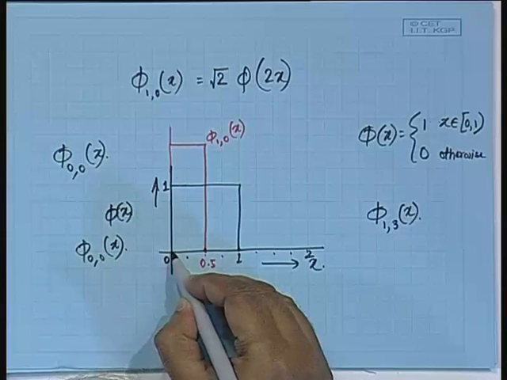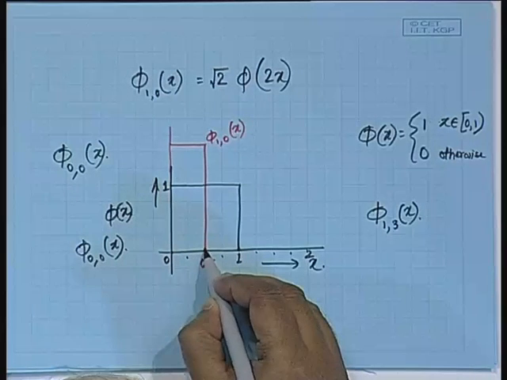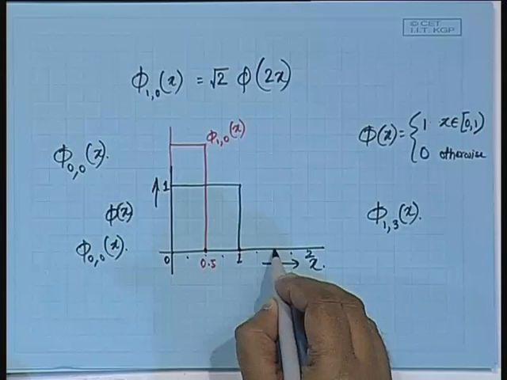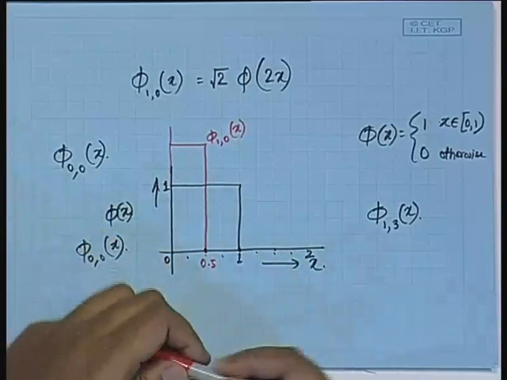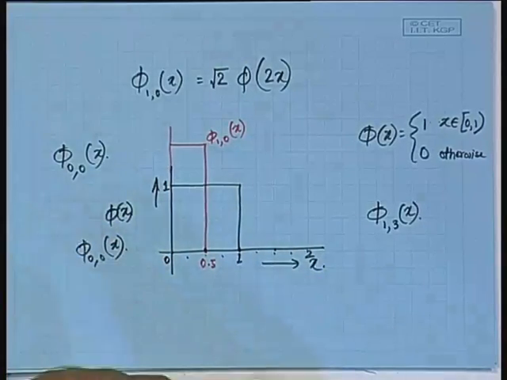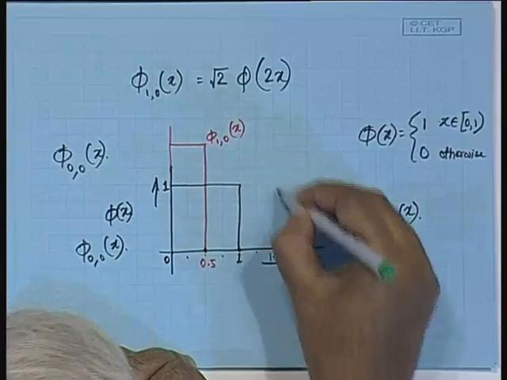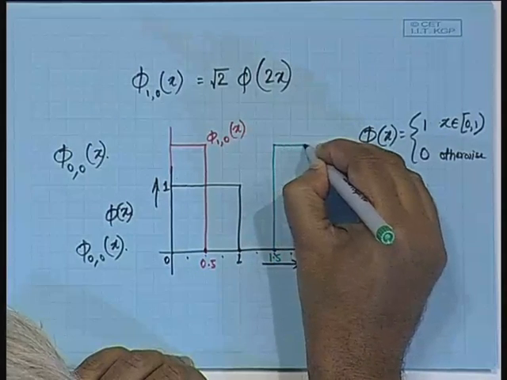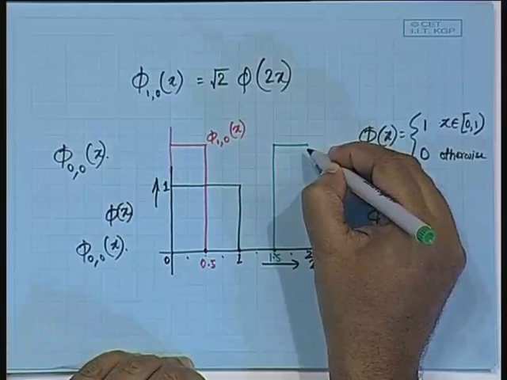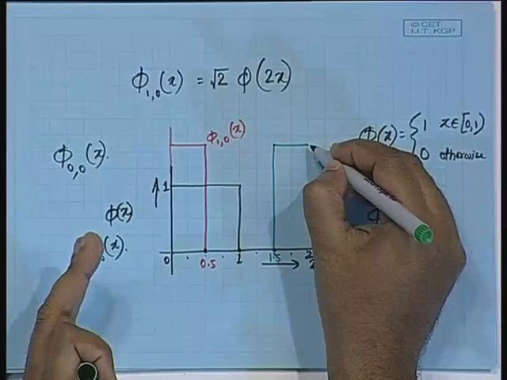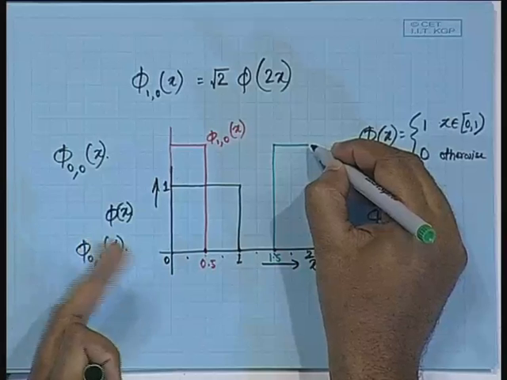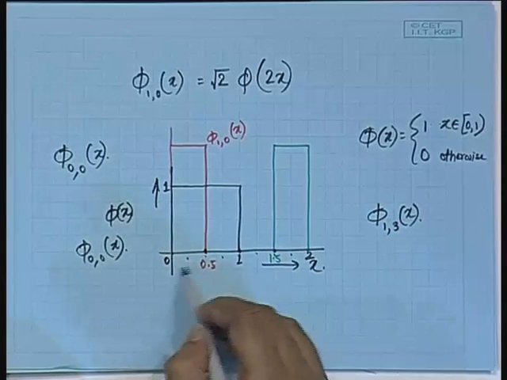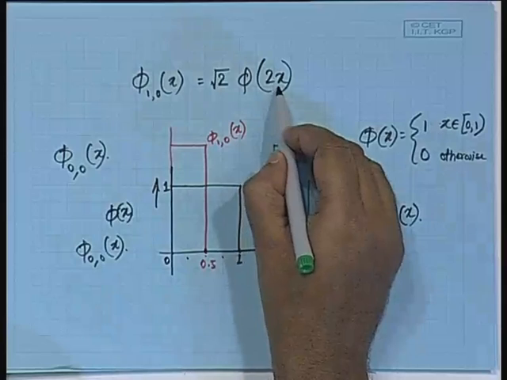So, this means to say that this is the first one, this is unit 1, this is unit 2 according to this scale, and this one is unit 3. So, I must draw my function like this, that this is 1.5 and then here I will be drawing, and this will be up to the extent of 2, right. This will be from 1.5 to 2, because its width is also not changing, its width continues to be 0.5 because of this phi 2 x.